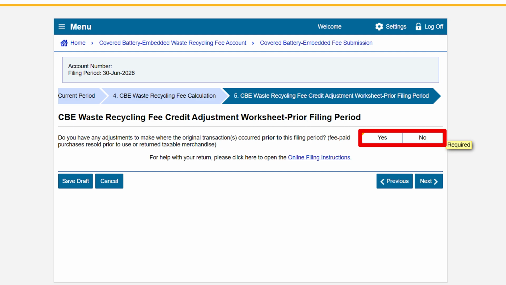If you have credits to claim for fees reported and paid in a previous filing period, select Yes. If not, select No. In our example, we have credits to claim for fee-paid purchases resold and returned merchandise where the original transactions occurred prior to this filing period and the fee was paid in a previous return. We will select Yes to the question.